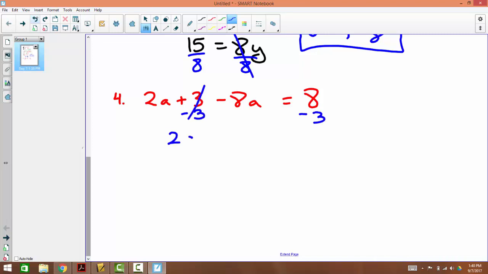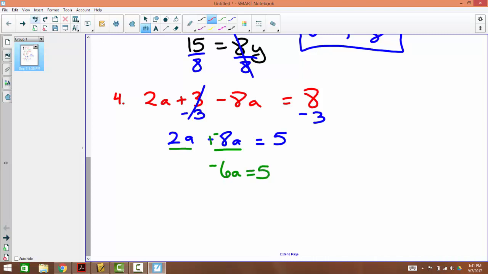So we have 2a minus 8a equals 5. Since the a's are on the same side of the equation and they're the exact same letter, we can put them together. You may want to slash and dash just because negativity, you know, it's not the best. So 2a plus negative 8a is a negative 6a.